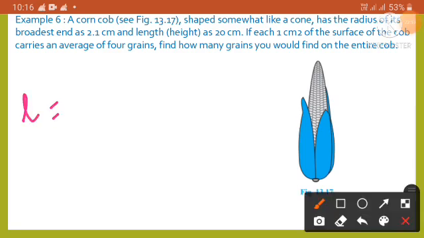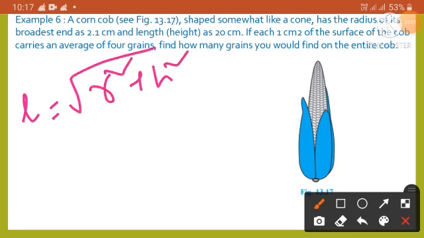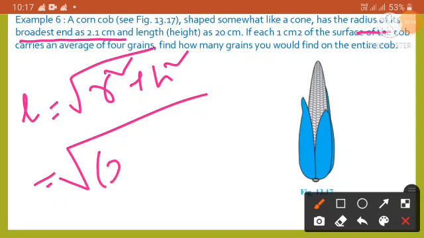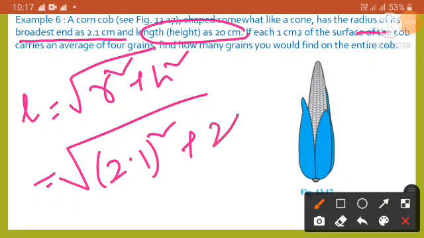We know L equal to root over r square plus h square, and in the question it is already given that the radius of its broadest end is 2.1 centimeter. So root over, in the bracket the value of r will be 2.1 squared, and the height is already given as 20 centimeter.